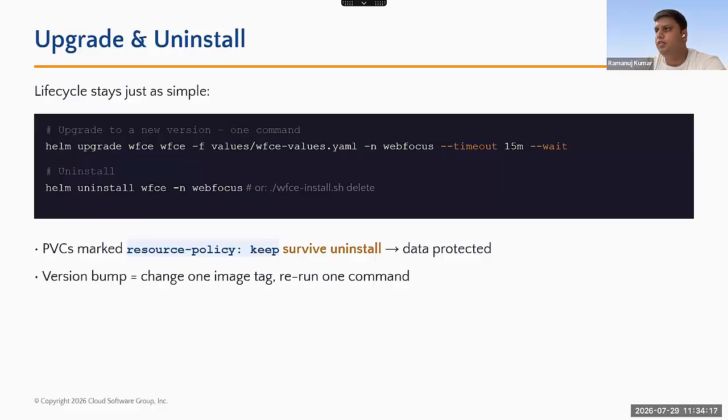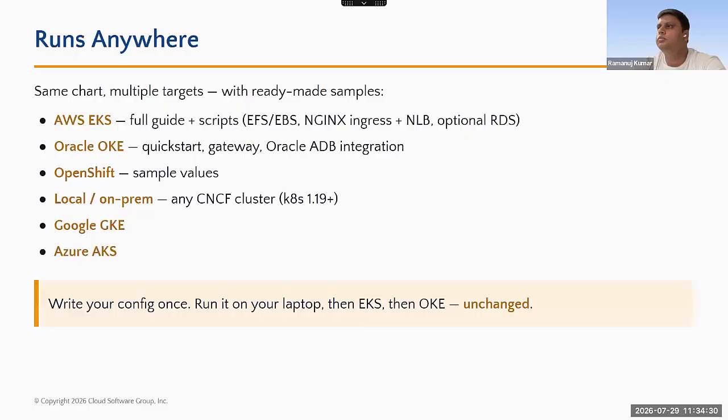Okay, so next thing, how to upgrade? You can just use helm upgrade to upgrade your existing setup, and helm uninstall to delete your setup. As Sachin mentioned, we support all major cloud providers and Kubernetes setups.